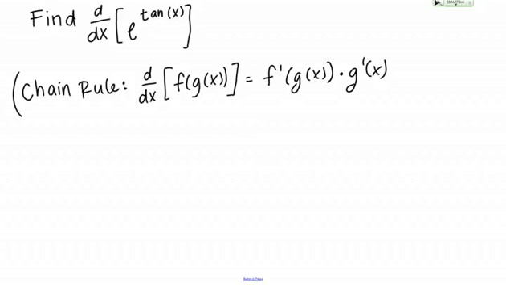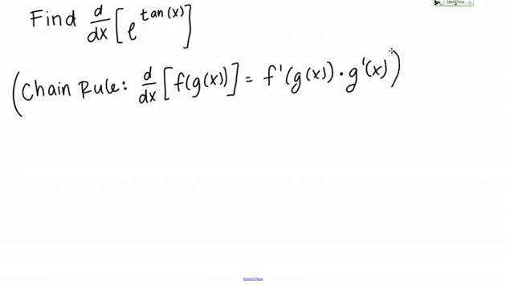Now let's find the derivative of e to the tangent of x. Once again, I'm going to have to use the chain rule on this problem because it's a composition of functions. I know how to take the derivative of e to the x, and I know how to take the derivative of tangent of x, but when I combine those things in a composition, it takes the chain rule to find the derivative. I've written the chain rule underneath here once again to reference.